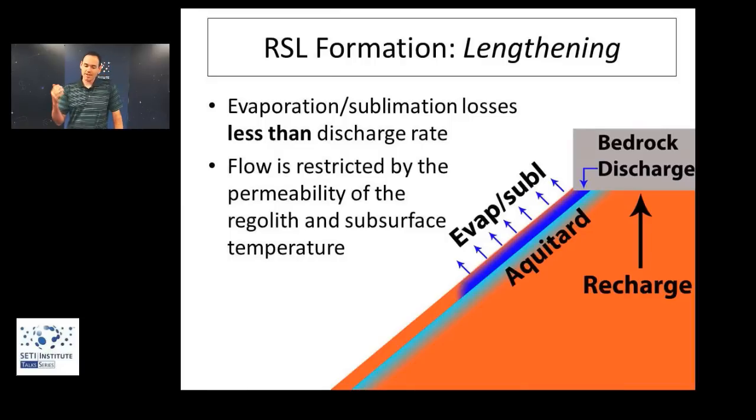So as these are flowing, you're getting evaporation and sublimation losses. We believe in the south these are much less than the discharge rate. And the flow is really just restricted by the permeability of the regolith and the subsurface temperature. So it's just how long you have to flow, how long it's liquid, because it's going to freeze every day.